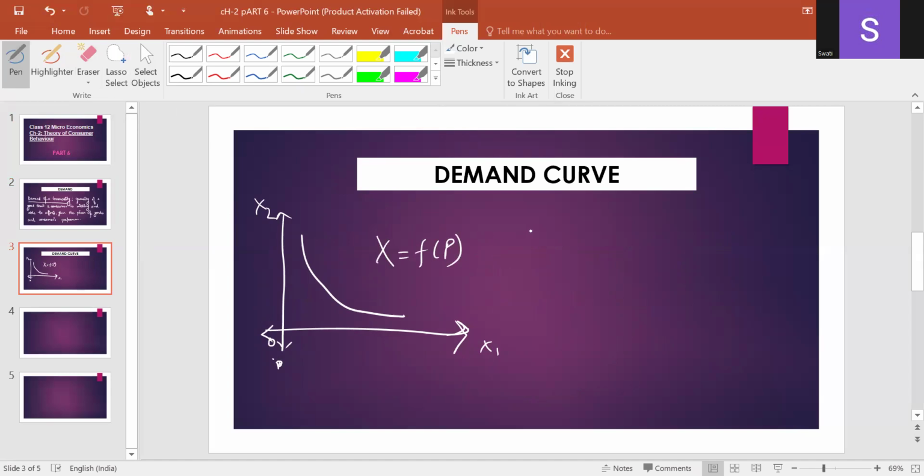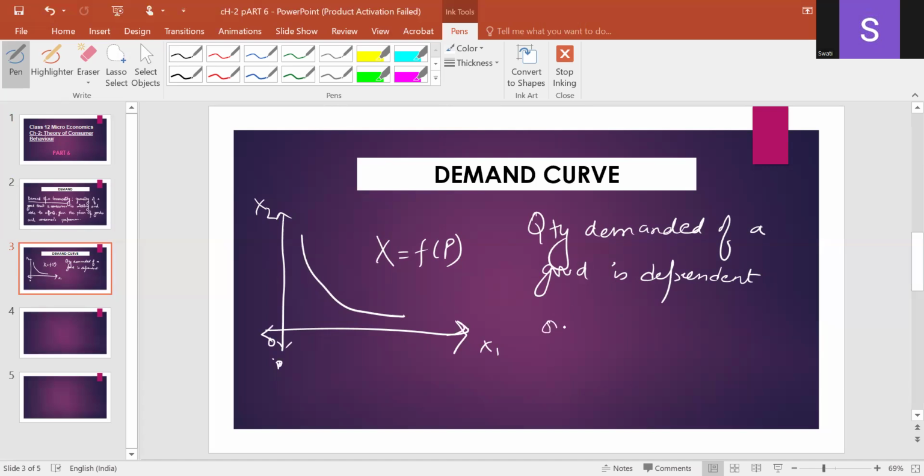That is the quantity demanded of a good. The demand of a good is dependent on the price of that good, right? So here we are assuming other factors remain constant, and we are saying that the quantity demanded of that good is dependent on the price of that good, right?